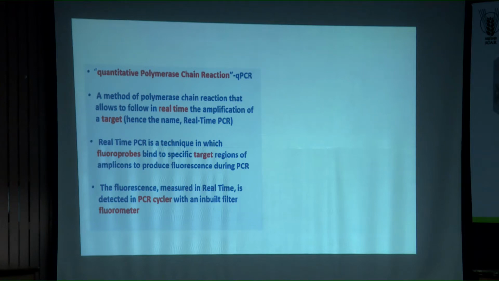That is detected in the PCR cycler with an inbuilt filter fluorometer. So basically, you made a change in the normal PCR machine in such a way that something is attached to the PCR machine which can see the fluorescence coming from the target, which is in turn bound with the fluorescent dyes.